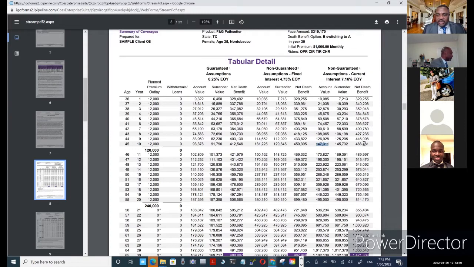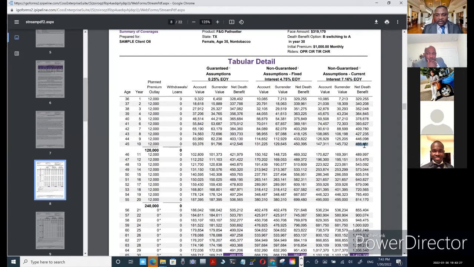If she were not to surrender the account at this point, her death benefit, or her living benefit, has grown from 329,000 to 466,000. So if anything were to happen that she needs to accelerate a portion of this money, the accelerated benefit will be calculated based on this death benefit now, not on the face amount.